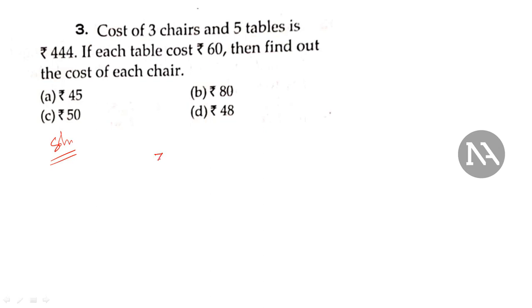Cost of 3 chairs and 5 tables is equal to 444. The sum of these values will be equal to 444, and they have given another data, the cost of each table. So one table cost is 60.